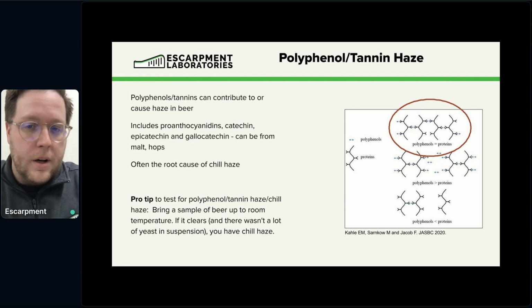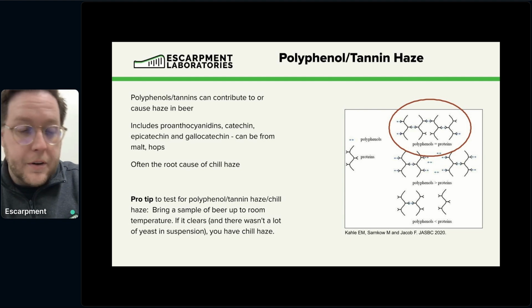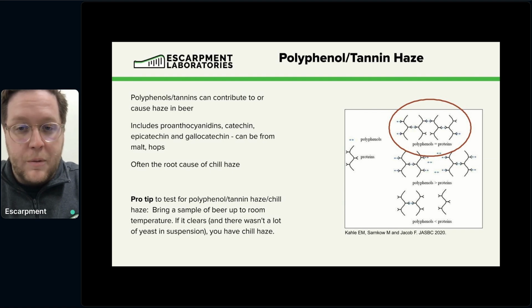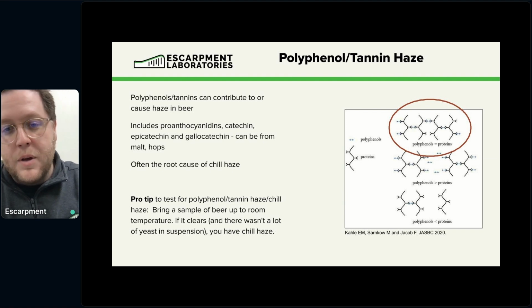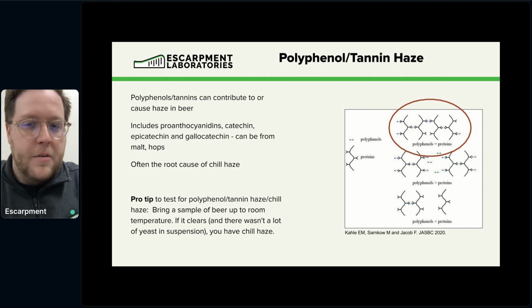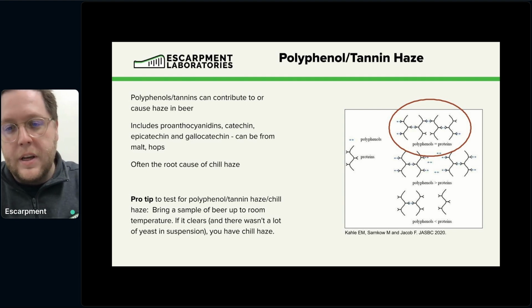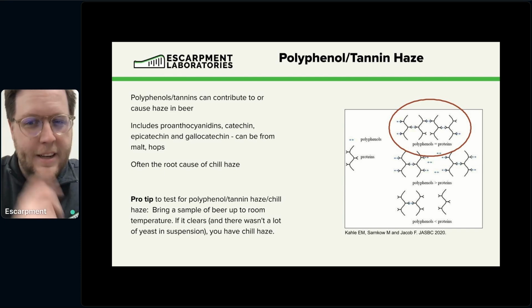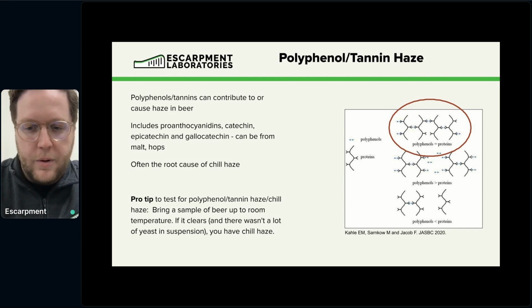That is a key part of the haze in New England or hazy IPAs. You can have these tannins or polyphenols complexing with proteins, like we just talked about, and that can be greater than the sum of its parts in terms of haze and haze stability. It's not the whole story of the haze in hazy IPA, but it's a big part of the story.